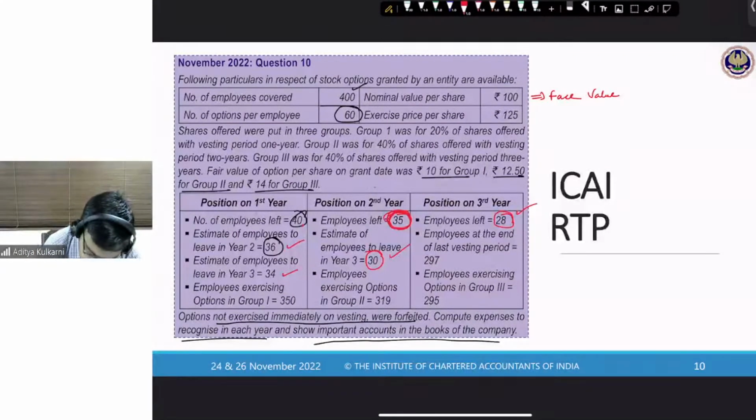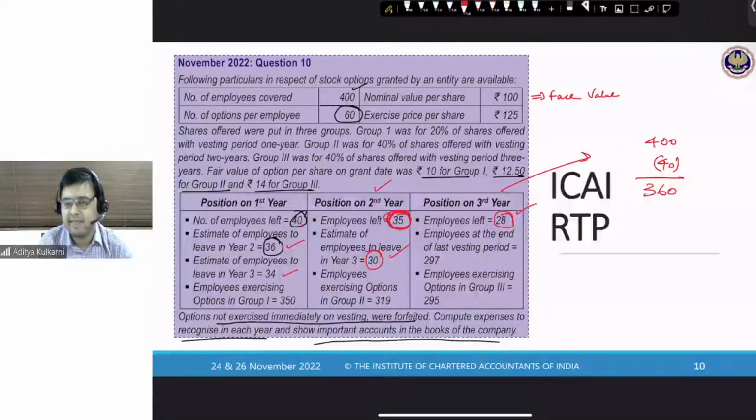Now I am in year 2. Year 1 तो खत्म हो गया कब का? In year 2, what is my situation? Year 1 began with 400. Out of 400, 40 चले गए. I am actually left with 360 at the end of year 1. Year 2 में 35 चले गए. I am left with 325. The question is, for the third year, what estimate am I going to take?